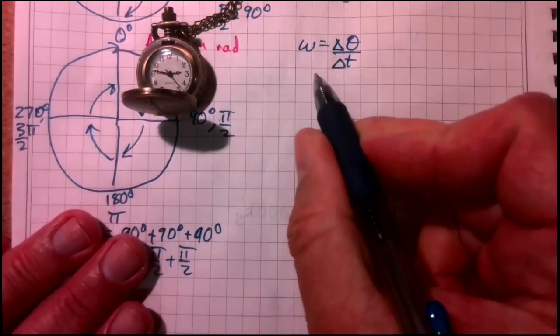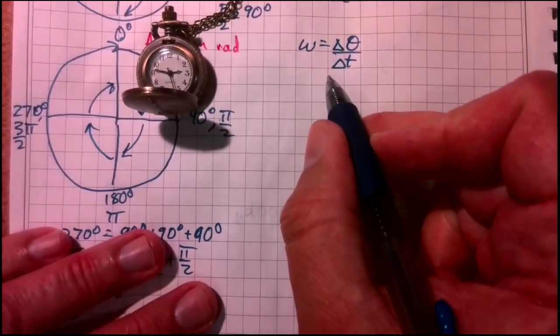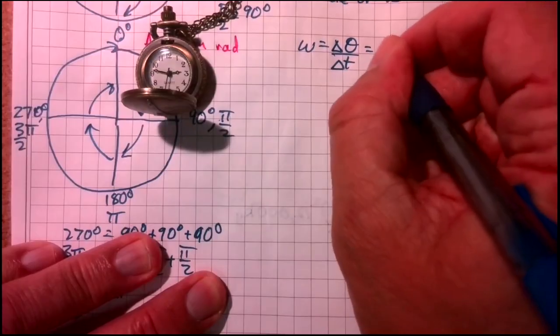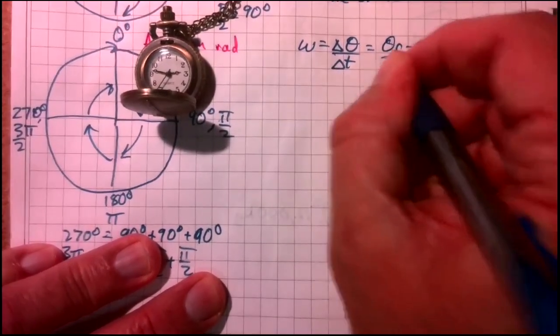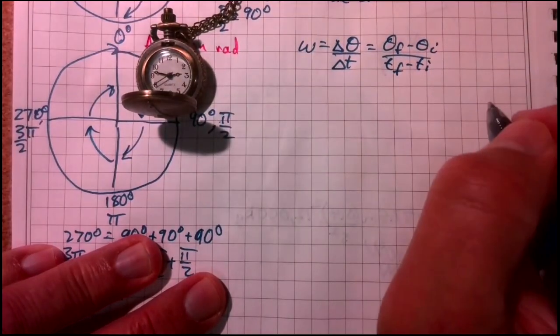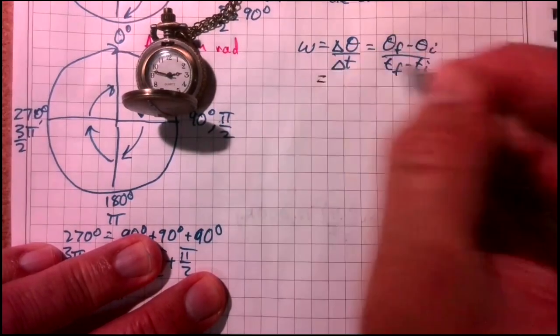This doesn't have to be for a complete circle, but it could be. Let's write this out explicitly: our final angle minus our initial angle, divided by our final time minus our initial time. I'm just writing everything out here in all of its glory. Sometimes we don't have to do that.